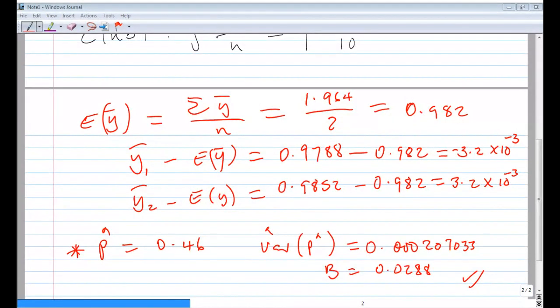Yes, question number 13. Are you getting it? The bound is 0.095.